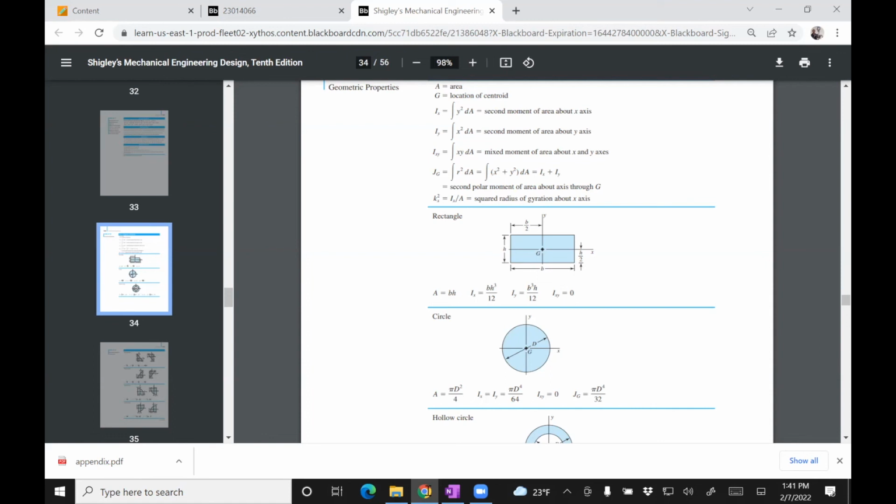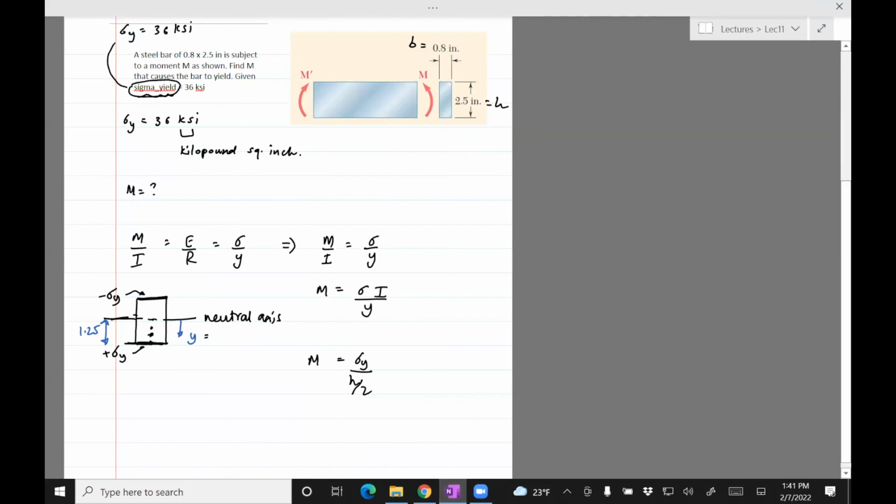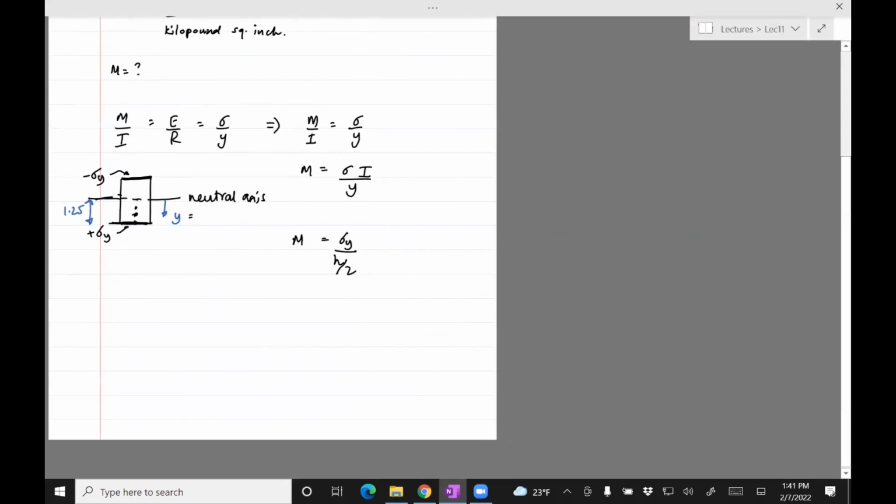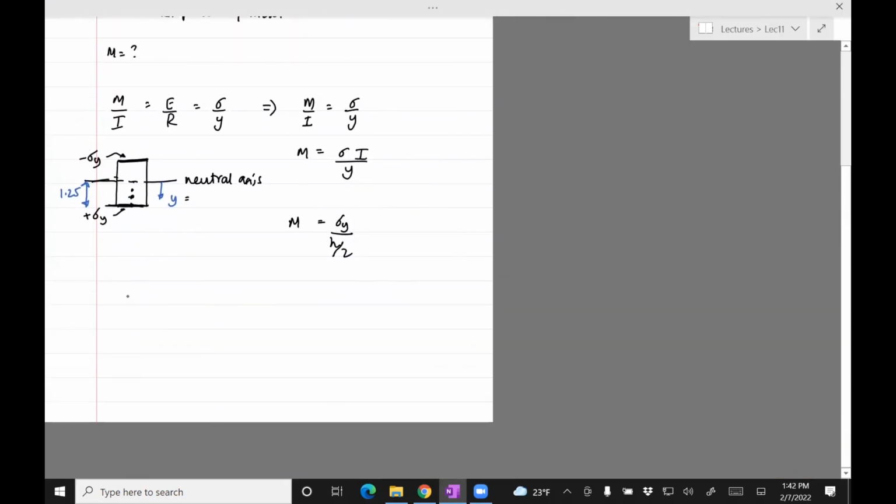The moment is, okay, so let me just draw that here. When you talk about this beam, the neutral axis is this.